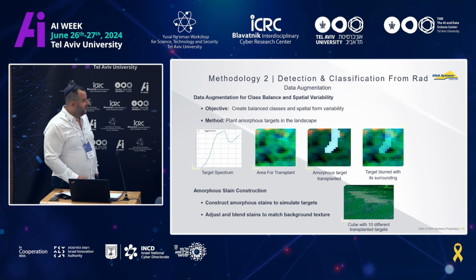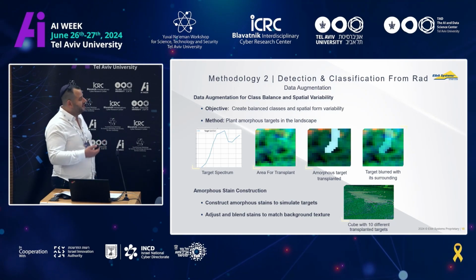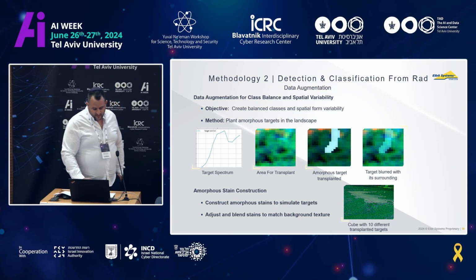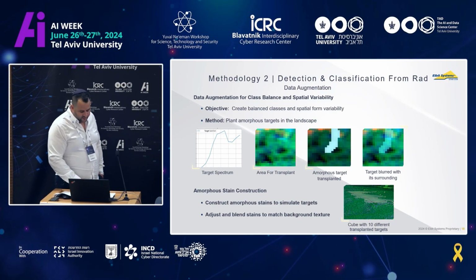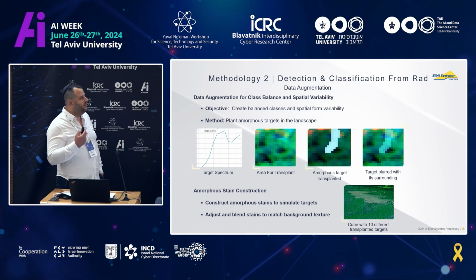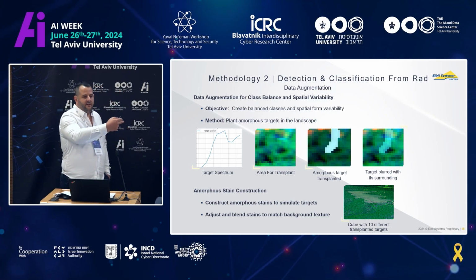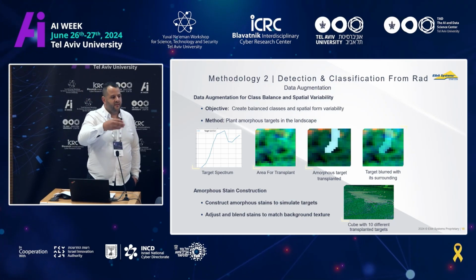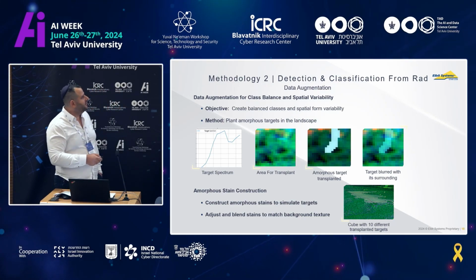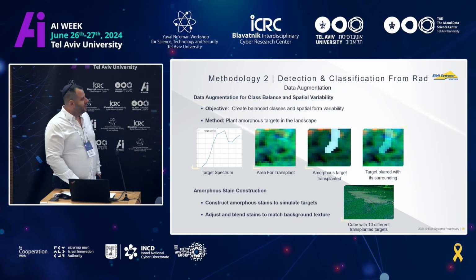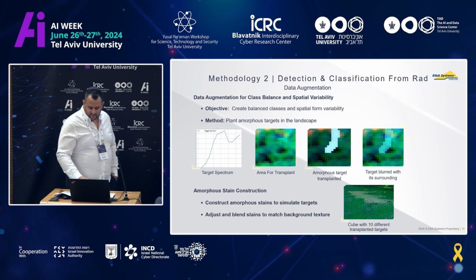The target spectrum areas were chosen randomly in the scenario. And then we blend these targets with the surroundings to make them appear as a part of the original radiance cube. Why do we blend them? Because when the observation system shoots, the pixel will blend with its surroundings. So we must blend this target with its surroundings. In the last image, you can see a cube with 10 different targets transplanted. Of course, you don't see that. This is a complex scenario, but believe me, it looks realistic.